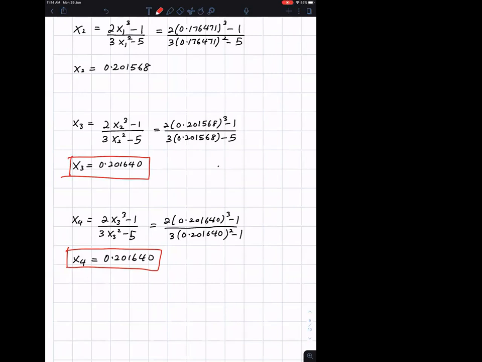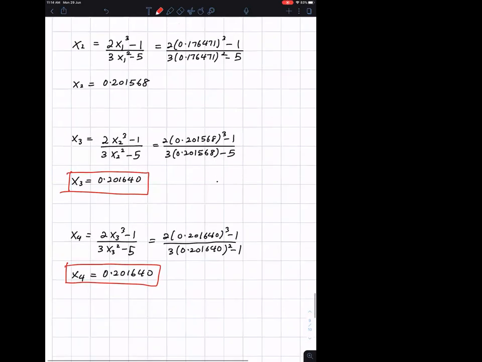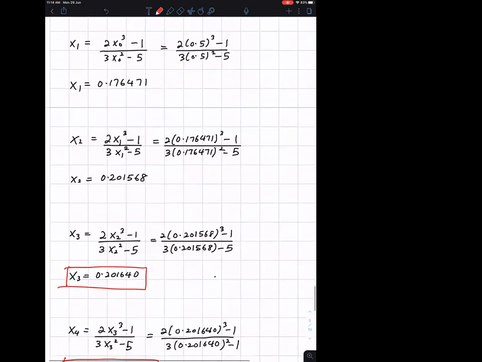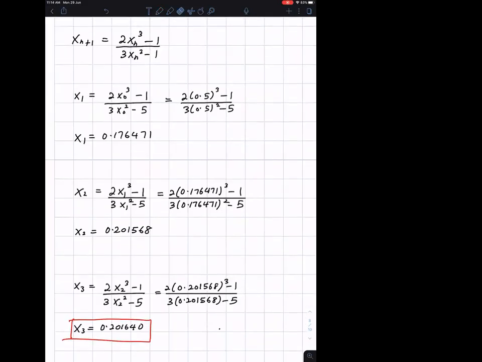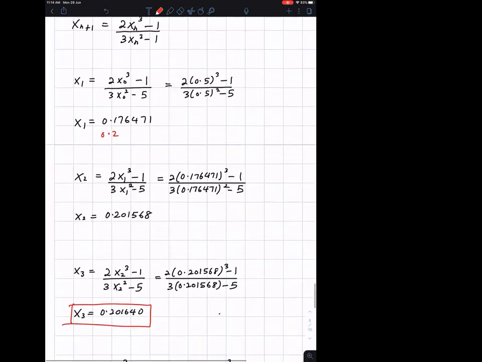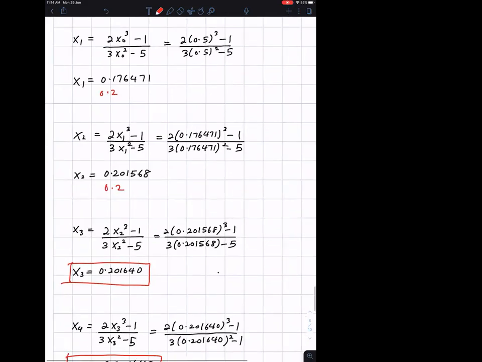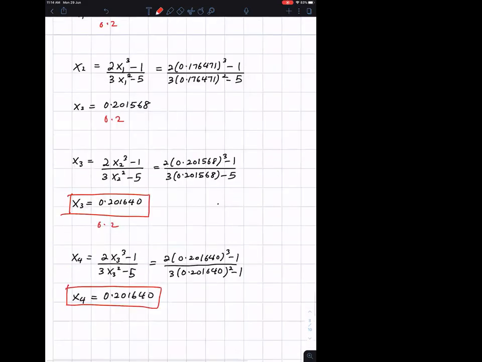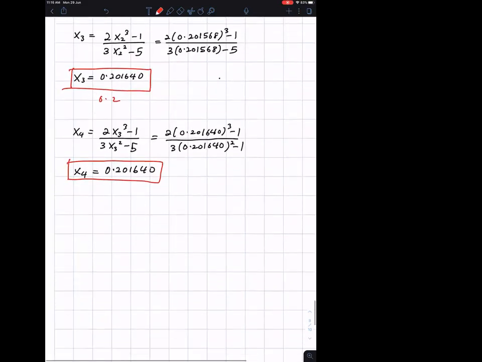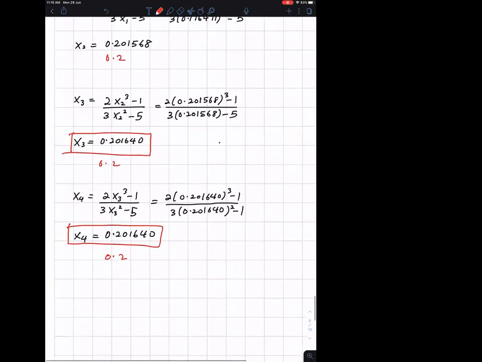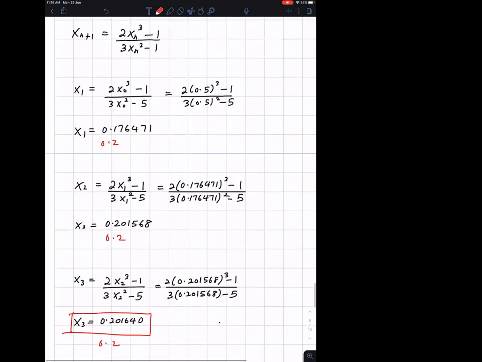Now we can be very positive, because let's say if you're keeping just one decimal place, you'll get 0.2 here. Okay, if you're keeping one decimal place, you also get 0.2 here, then 0.2 here. You would have made an early conclusion that it's not changing if the decimal places are too small.